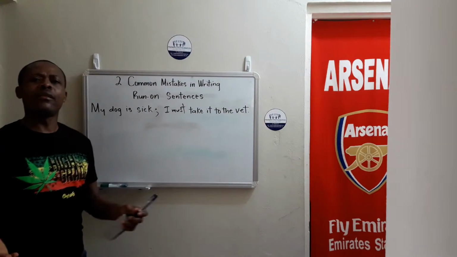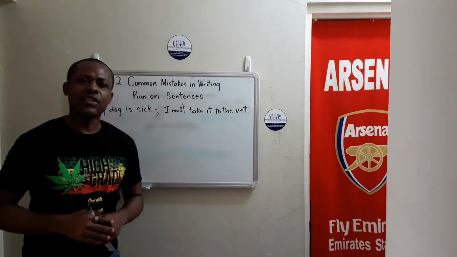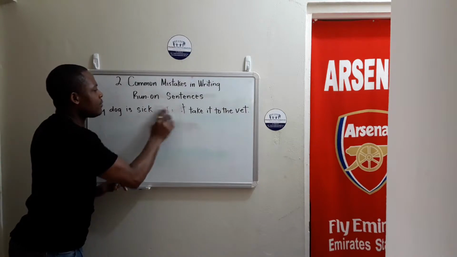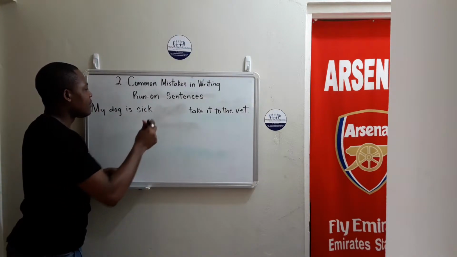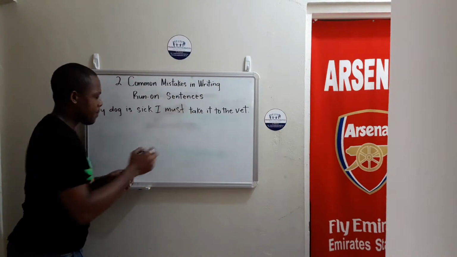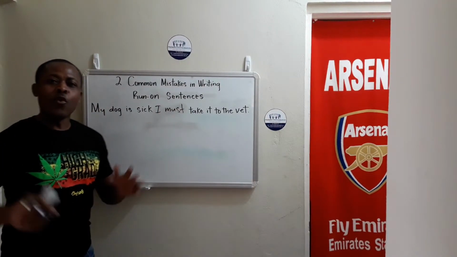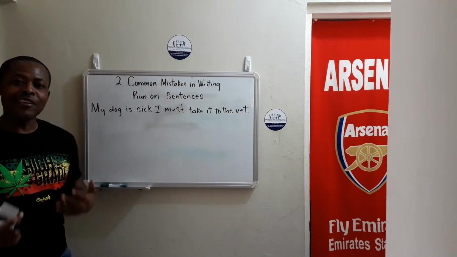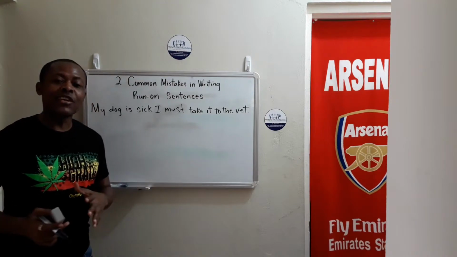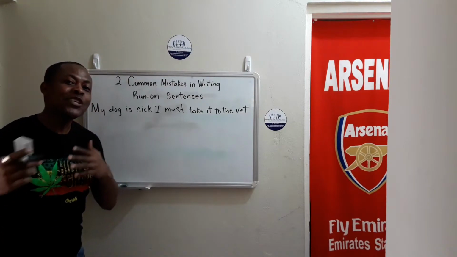Now, what is the other issue that students often have in their writing? Oftentimes, when students write, this is what they do. They allow two independent clauses to run into each other.